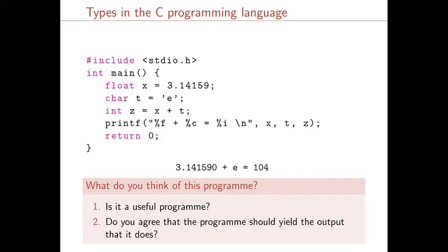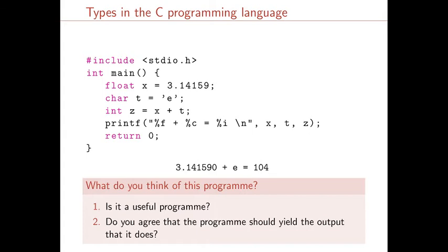What do you think of this program? Is it a useful program? And secondly, do you agree that the program should yield the output that it does yield? Do you think that this output here that I'm circling on the screen is useful output?